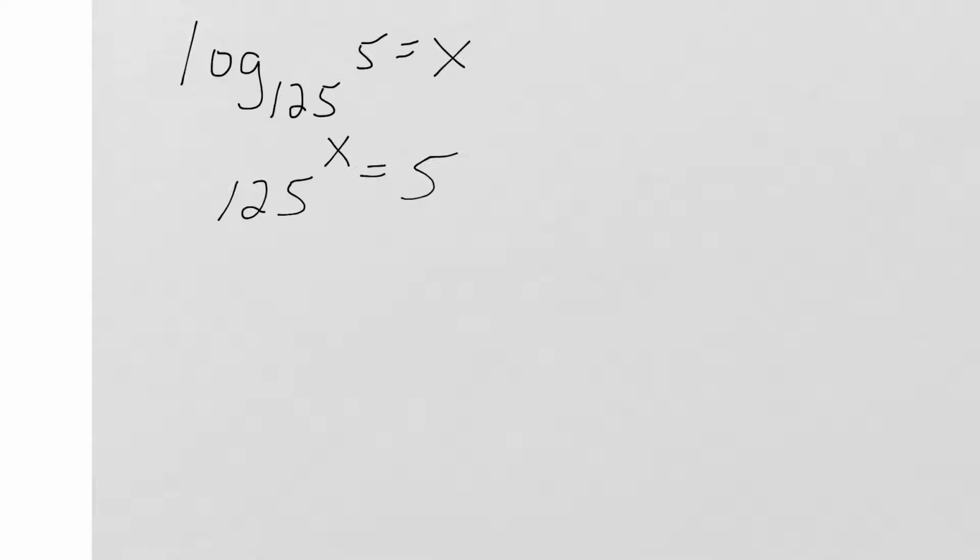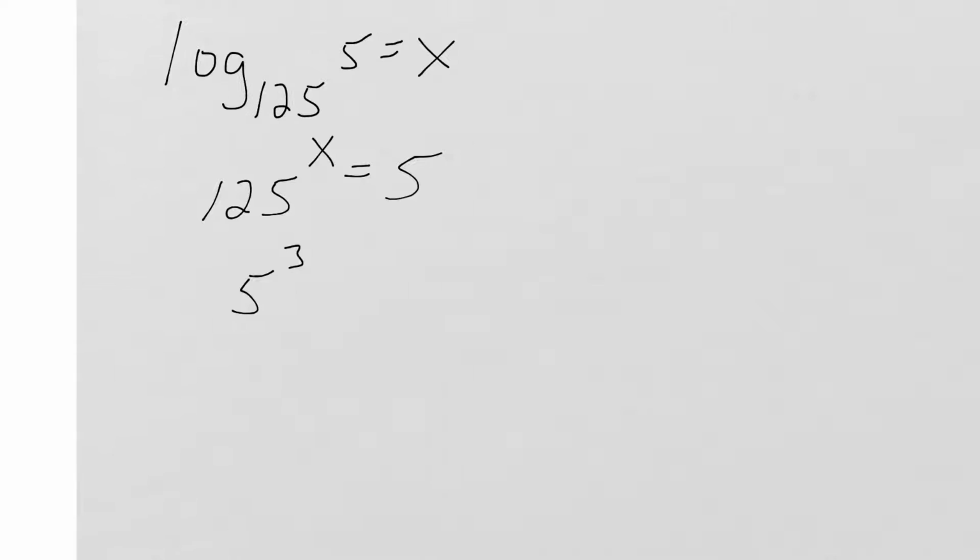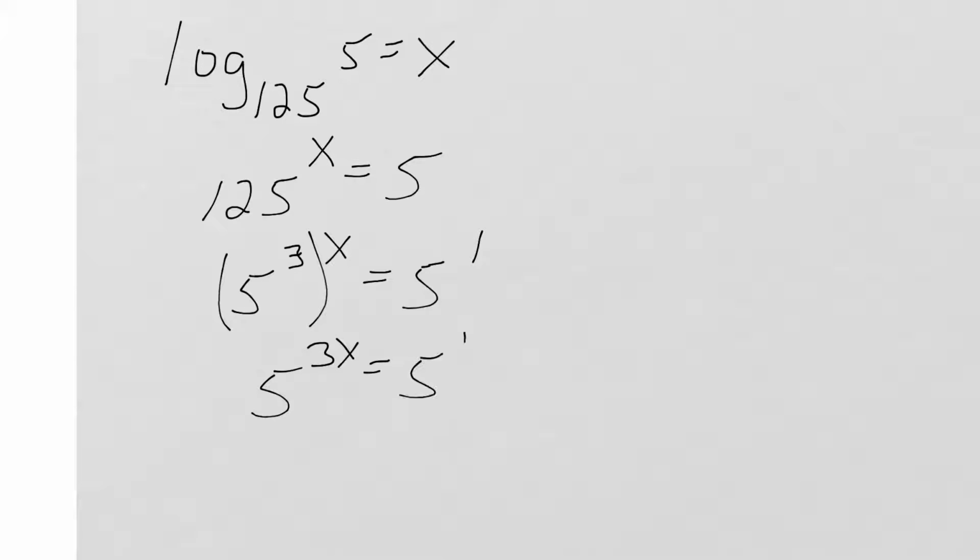And using what we learned about solving exponential equations, we would now try to write both sides using the same base. Remembering that 125 does equal 5 to the third, we can write that side as 5 to the third raised to the x equals 5, which is to the first power. And then, using our laws of exponents, we can rewrite the left side as 5 raised to the 3x equals 5 to the first.